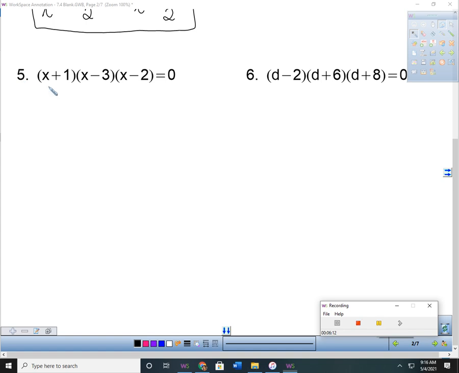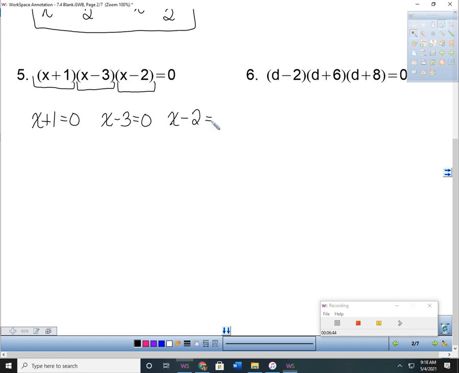So when you look at number 5, you have one factor, a second factor, and a third factor, all being multiplied together. Anytime one of them is equal to 0, then that means the entire equation equals 0. So I'm going to take all three and set them equal to 0. So x plus 1 equals 0, x minus 3 equals 0, and x minus 2 equals 0. Then I solve for x.